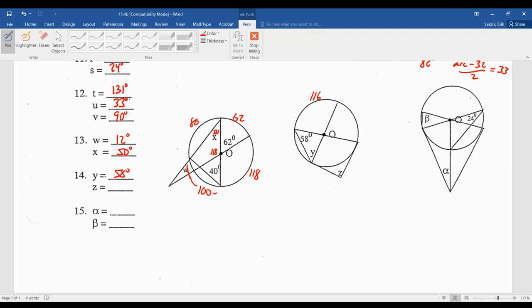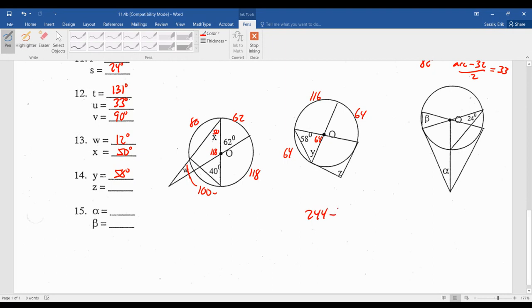Actually, what we can do is get this to be 64, which means this is, well, we really knew that anyway. This is 64 because of the central angle. That's 64. So this angle on the outside, we can add these three arcs together, which is 244.